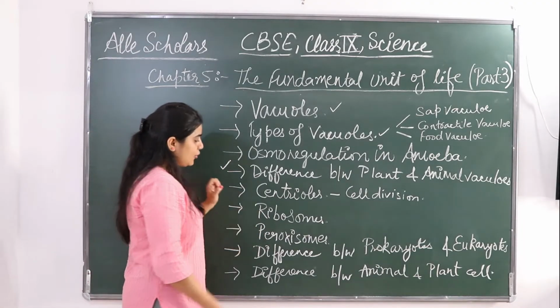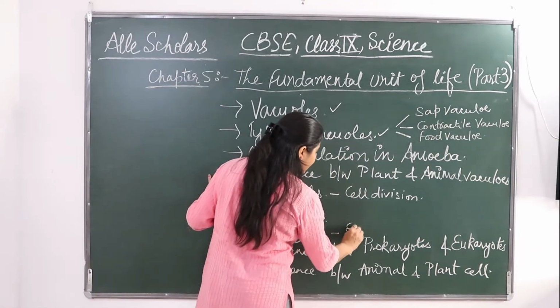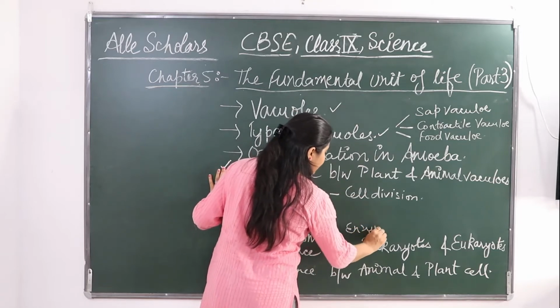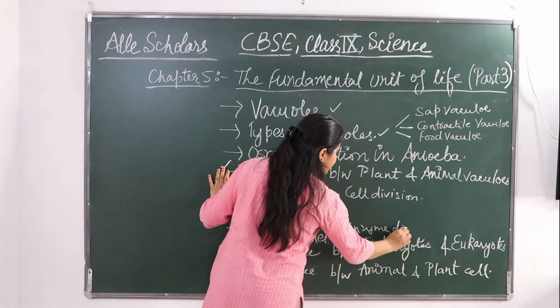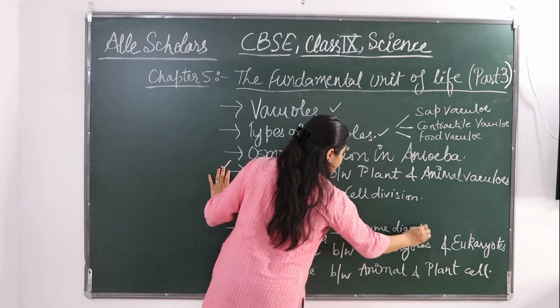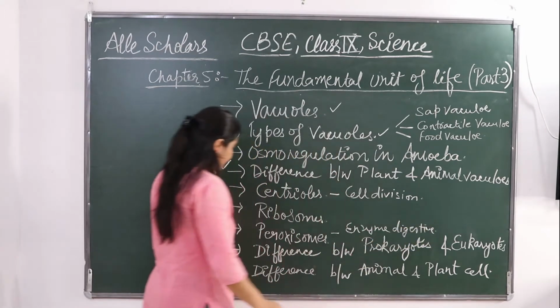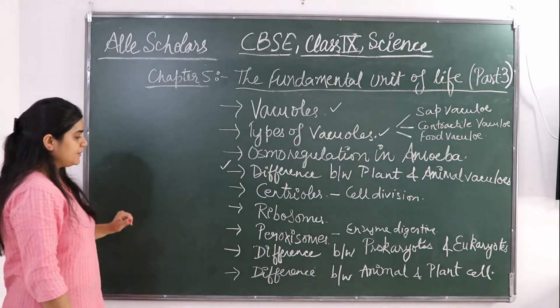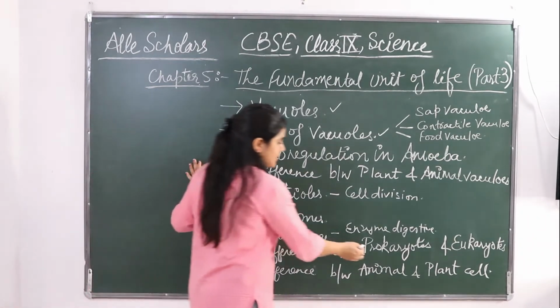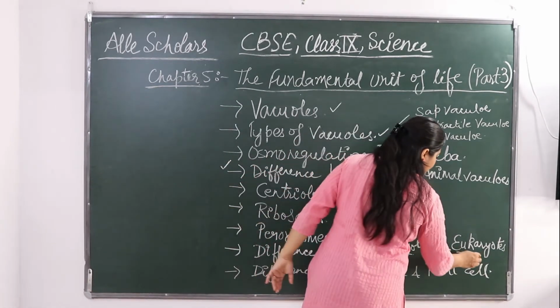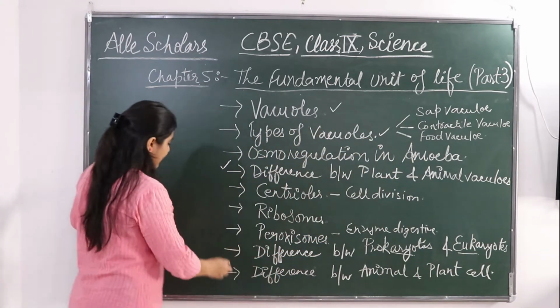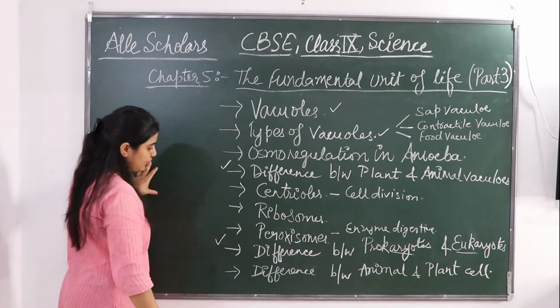Then we will see peroxisomes, how they help in enzyme digestion; digestive enzymes are present in them. In the last, we shall discuss the difference between prokaryotes and eukaryotes. This is also very important from an examination point of view.